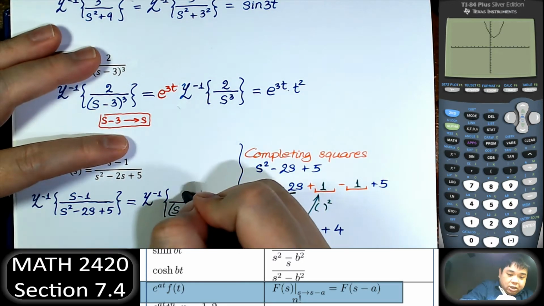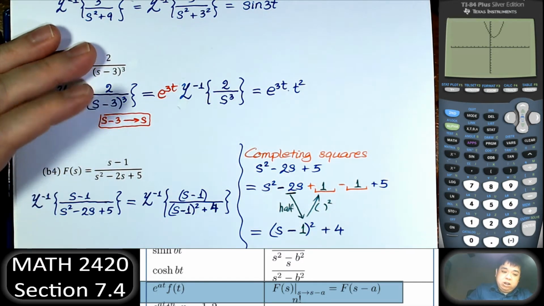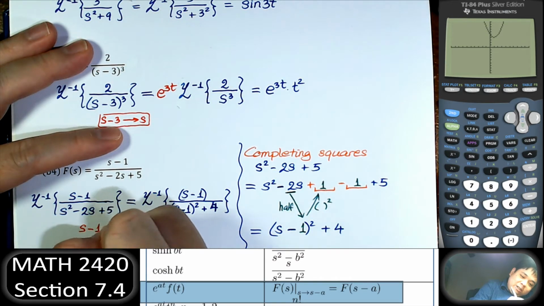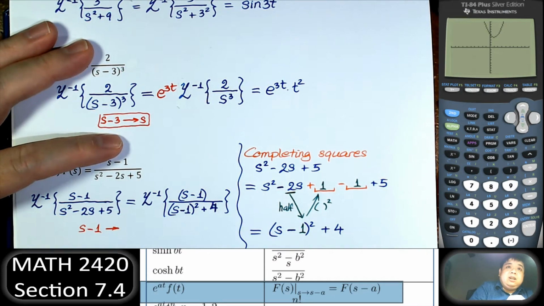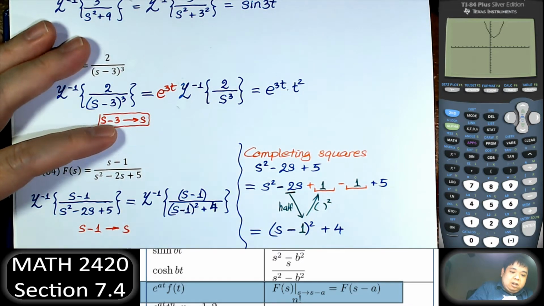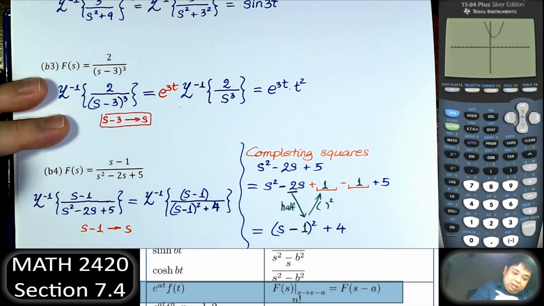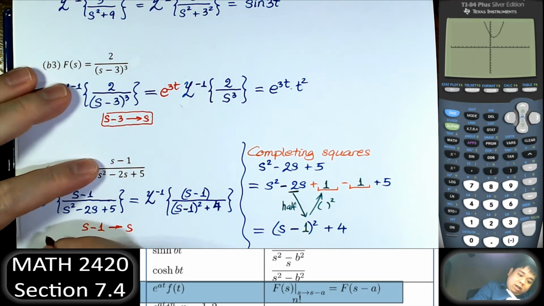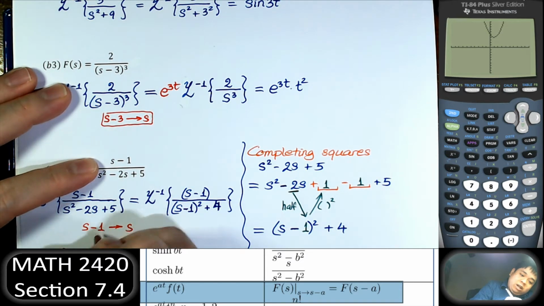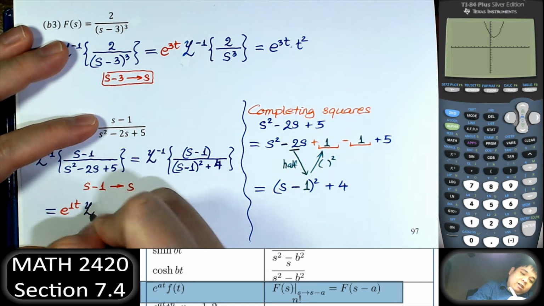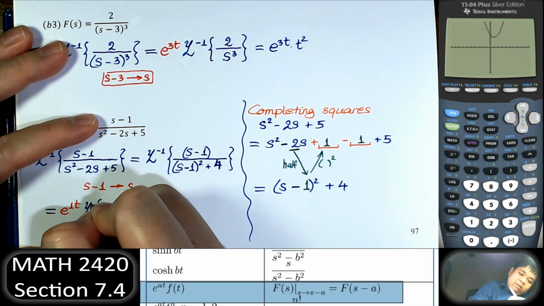Now, notice that both of them have s minus 1. So if we replace s minus 1 by s, the price for that is we multiply by e to the 1t. In that case, we no longer have s minus 1, we just have s.